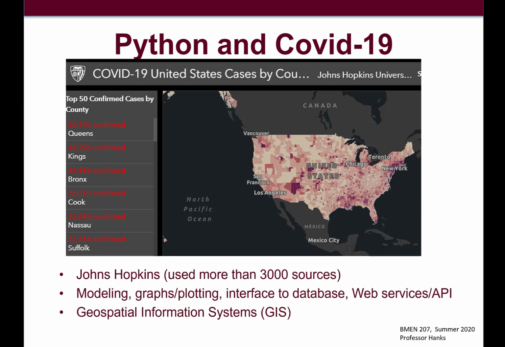They used Python to show geospatial information on where the virus was located, and to aggregate data from several thousand sources through application programming interfaces, APIs. We will learn in this course how to tap into an API endpoint, collect the data from that web service location, retrieve it, and analyze it.